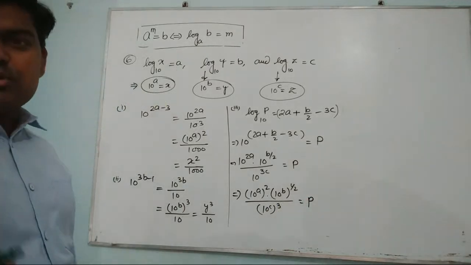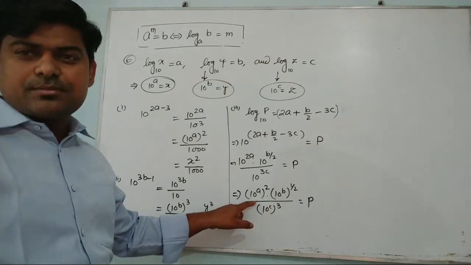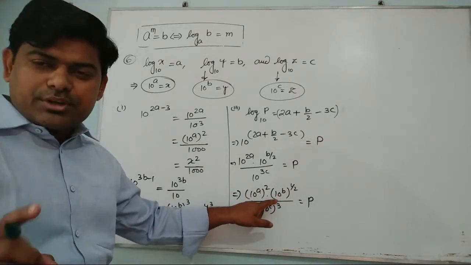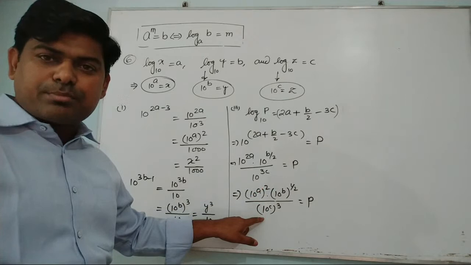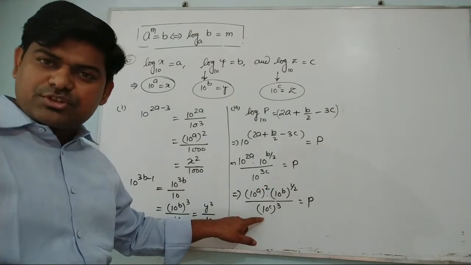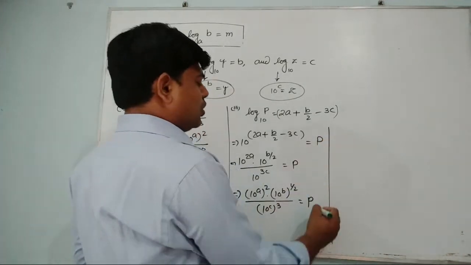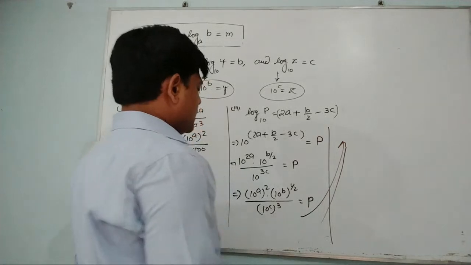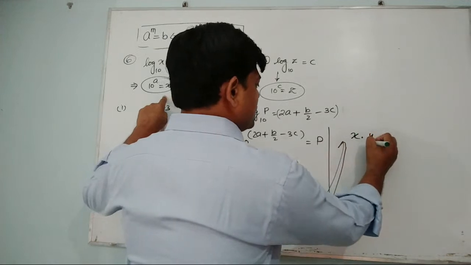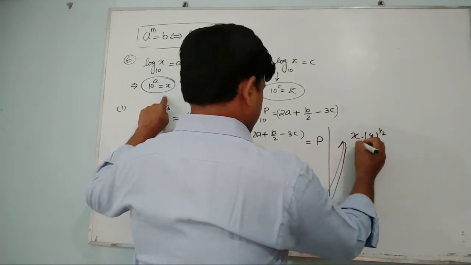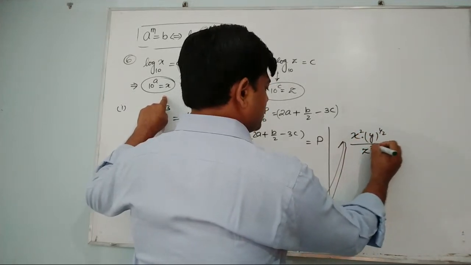Now, only one question is there. We don't know the value of 10 to the power a in terms of x? We are knowing. We know the value of 10 to the power b in terms of y, and 10 to the power c in terms of z. And if we are knowing, we can substitute all these things here. You can see the value of 10 to the power a is x, the value of 10 to the power b is y, y to the power 1 upon 2 I can write, and it is squared also, and whole upon z to the power 3.